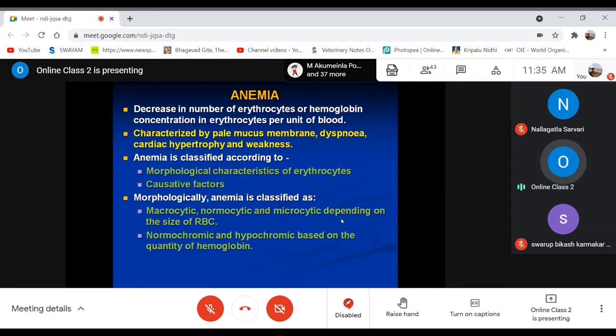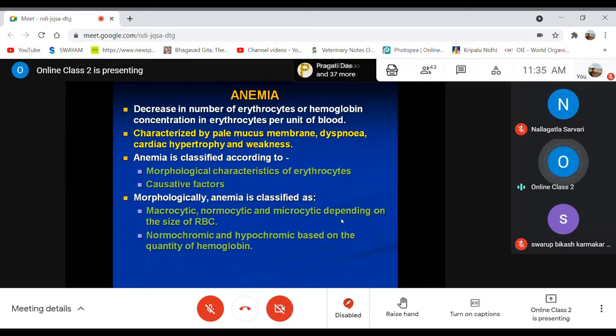These are the characteristic features when an animal is very much anemic: pale mucous membranes, dyspnea, cardiac hypertrophy, and marked weakness.